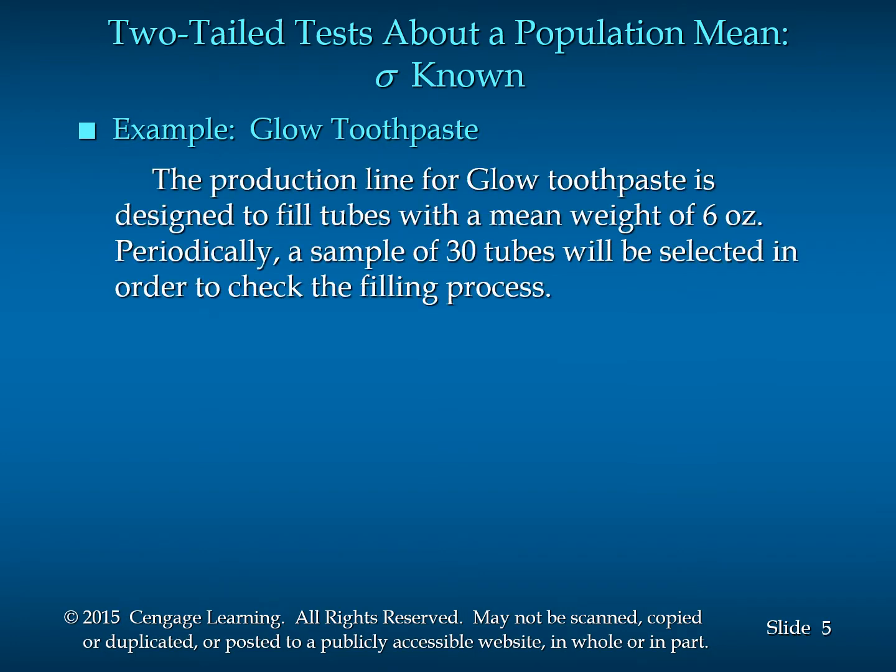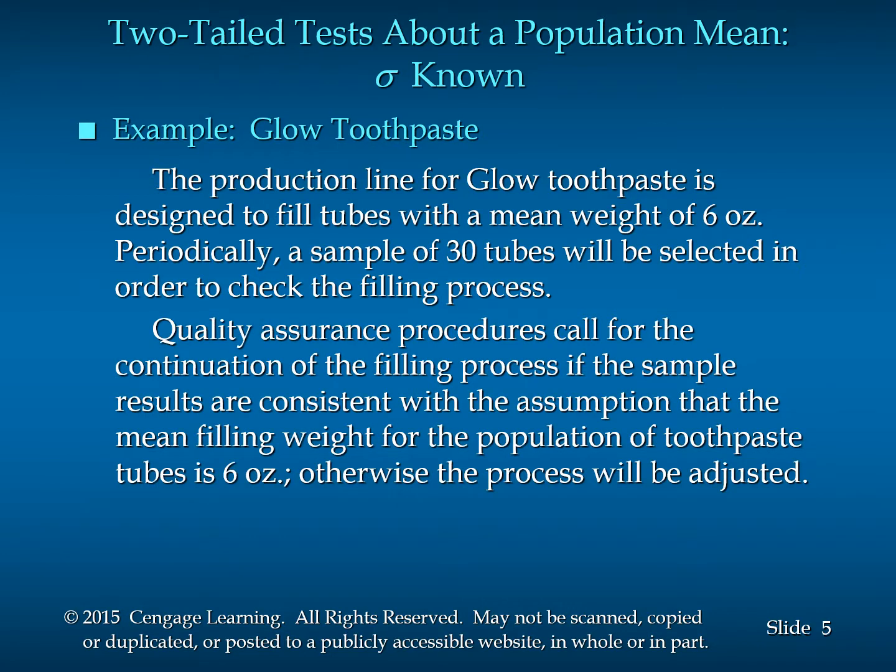Let's do an example. Consider a production process, which is a great application for hypothesis testing. We are assuming that the process is equal to the aim of 6 ounces, and we take a sample size of 30.